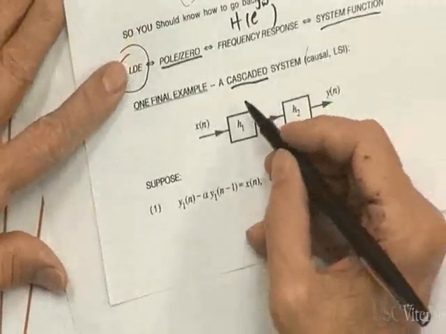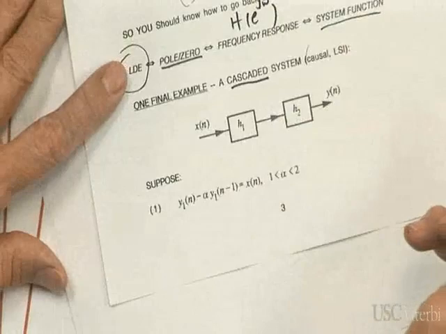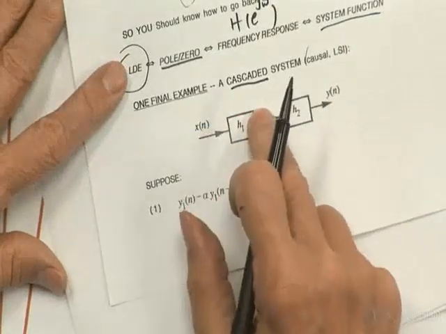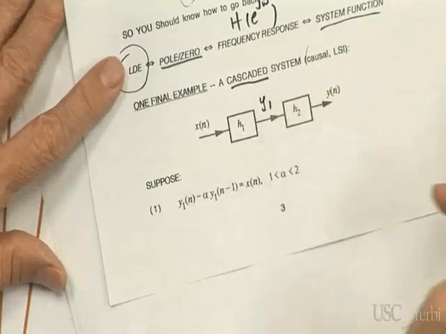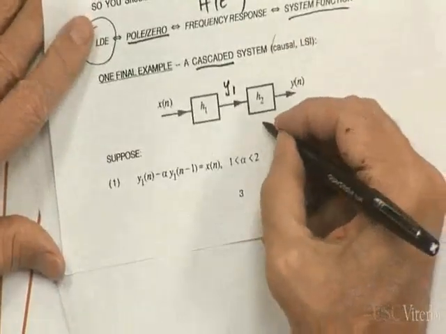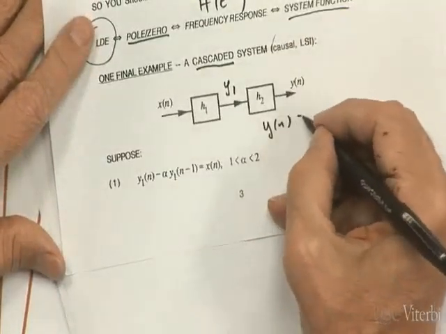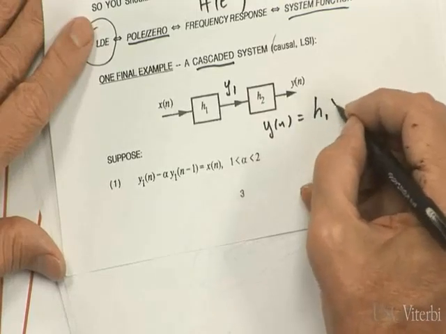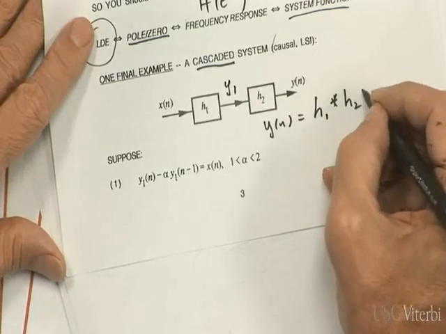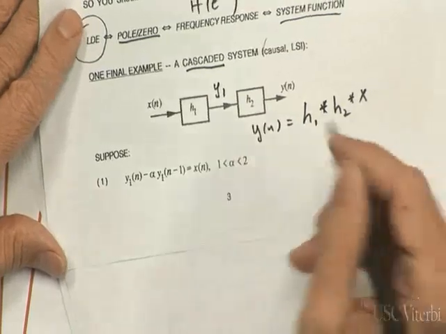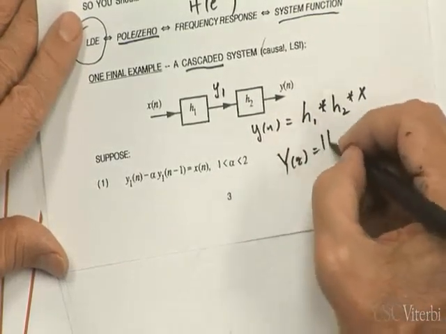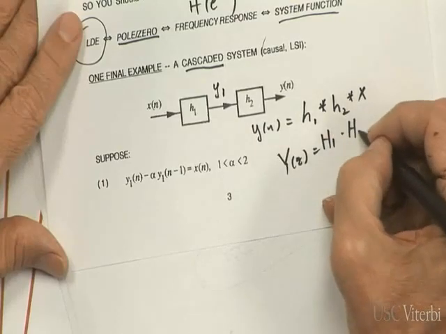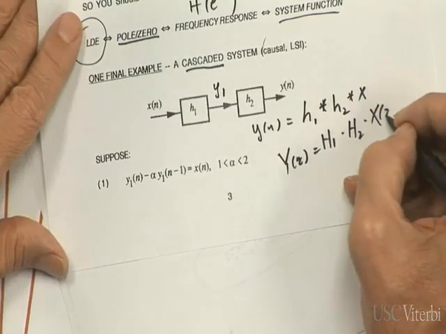So I have one filter, I call it H1, the impulse response. The input goes to H1, the output goes to a second filter, H2. So the net result, y of n, is equal to H1 convolved with H2 convolved with x, or in the transform domain, Y of z is equal to H1 times H2 times X of z.